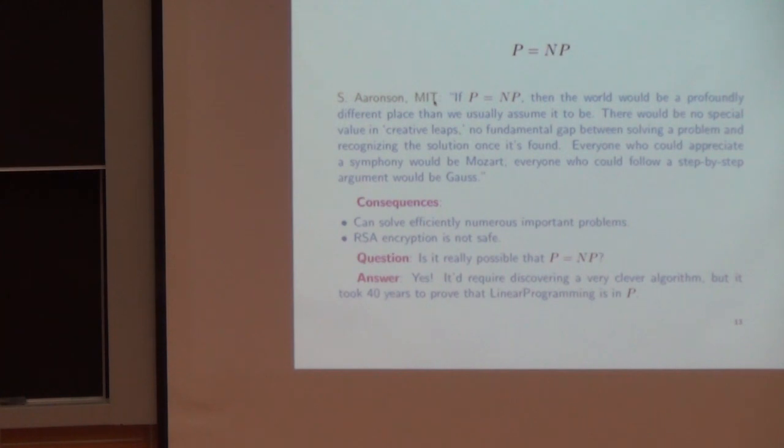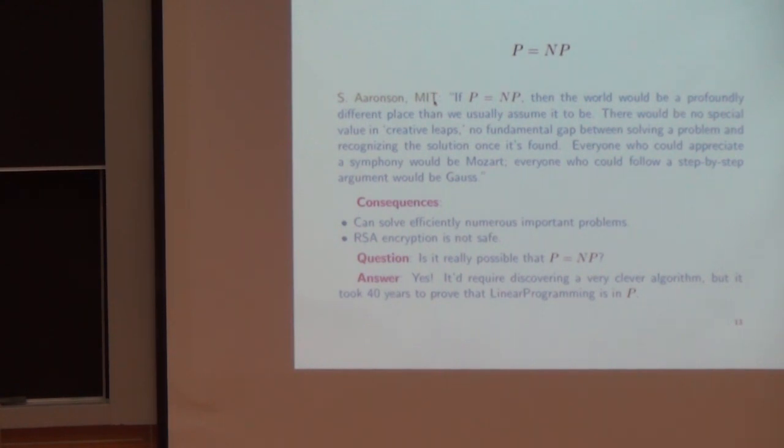Now, suppose that P is equal to NP. The good news is that we can efficiently solve many, many problems, but we have lost RSA encryption, because we can now break it: we can factor numbers by just guessing the two factors. Now, is it possible that P equals NP? Absolutely.